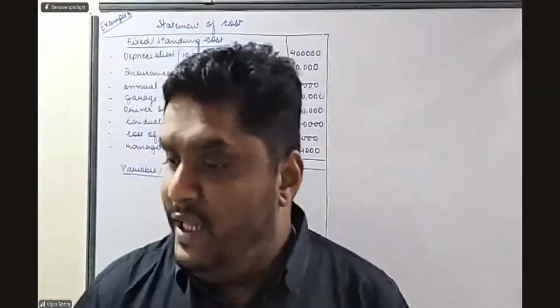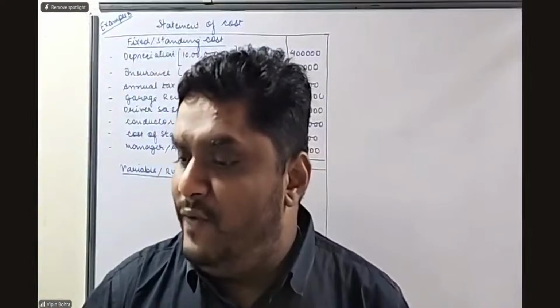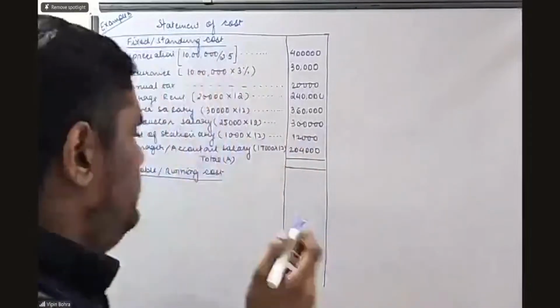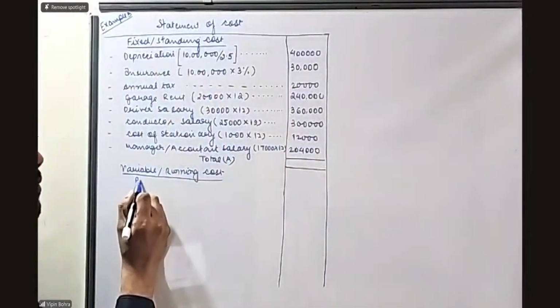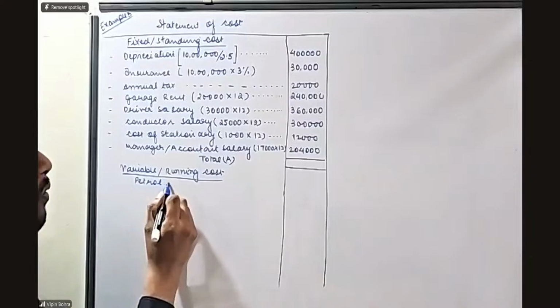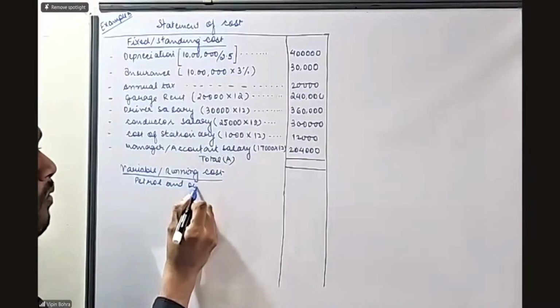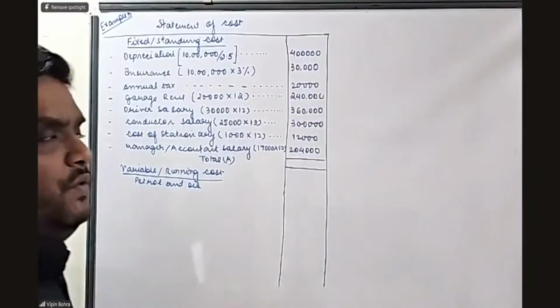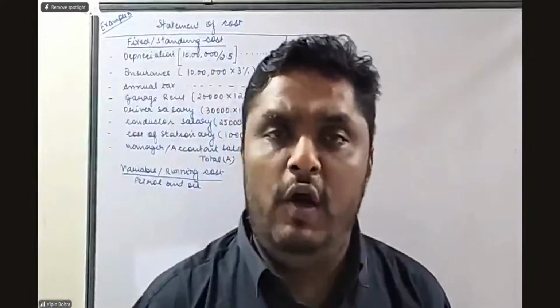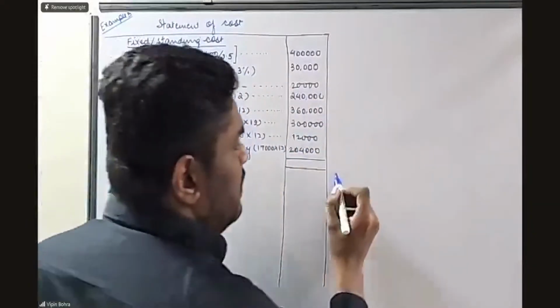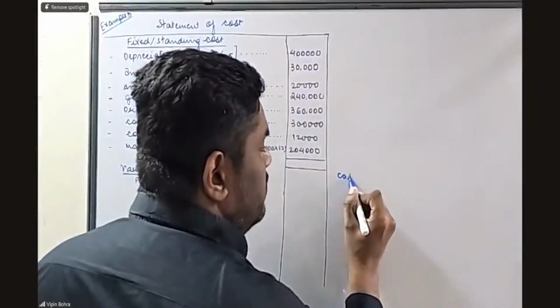When talking about the variable cost, it is petrol and oil 500 for every 100 kilometers. Now see, for this we need to calculate the number of kilometers. So let's calculate the kilometers.